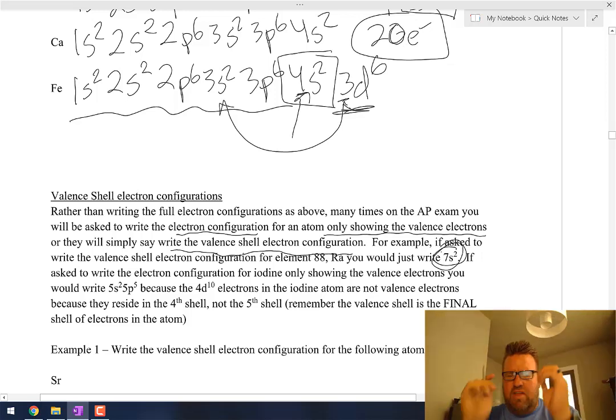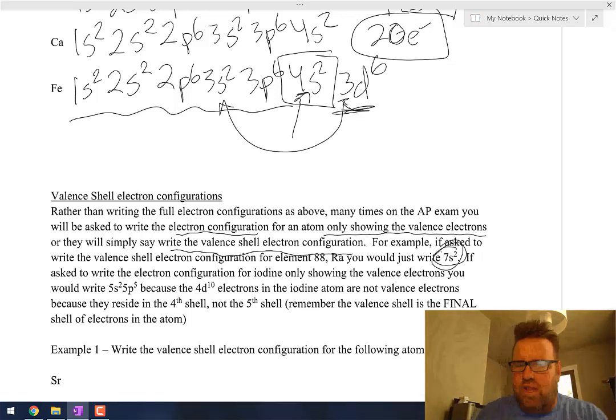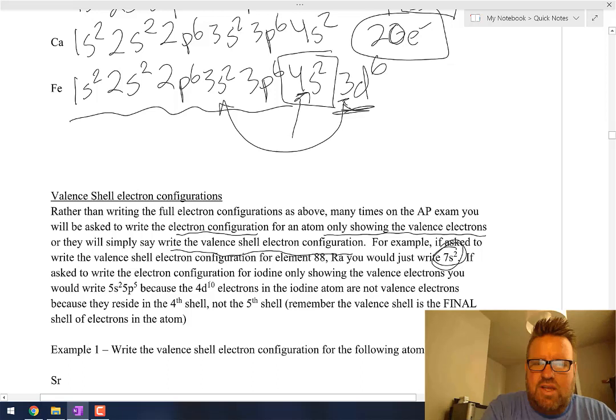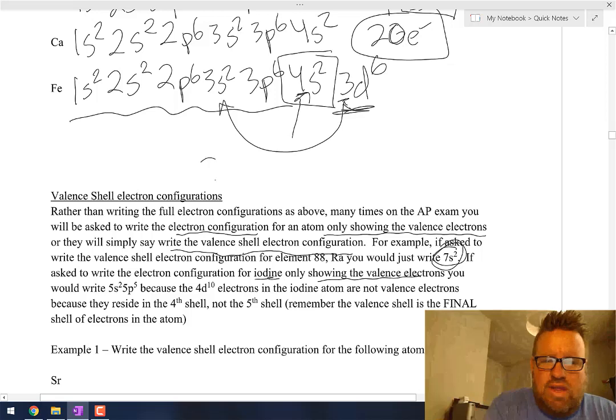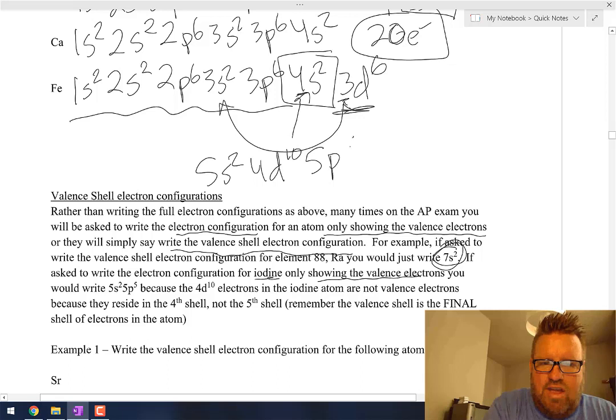Now, I will tell you this. If they say write the valence shell electron configuration for Ra, and you write the whole thing, and the whole thing is perfect, they will still give you credit for it. But again, why? Okay? If you're asked to write the electron configuration for iodine, again, only showing the valence electrons, iodine should end in 5s2, 4d10, 5p5.